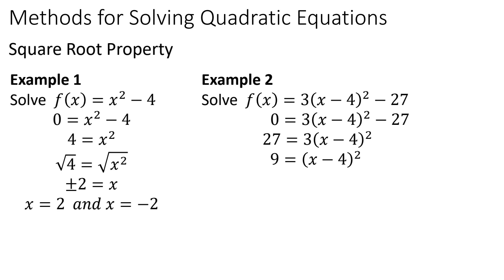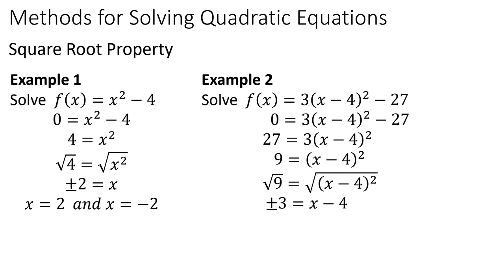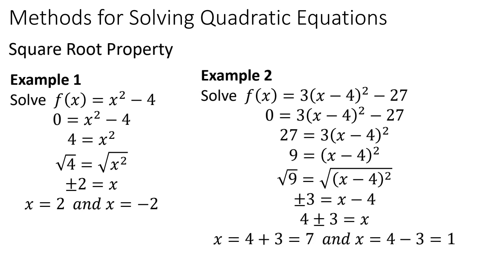The next thing I'm going to do is take the square root of both sides. So I have the square root of 9 and the square root of x minus 4 squared. Again, I lose the square because the exponent becomes 1, so on the right side I just have x minus 4 left, and the square root of 9 is plus or minus 3. The last thing I need to do is add 4 on both sides. If 3 was positive, 4 plus 3 is 7.